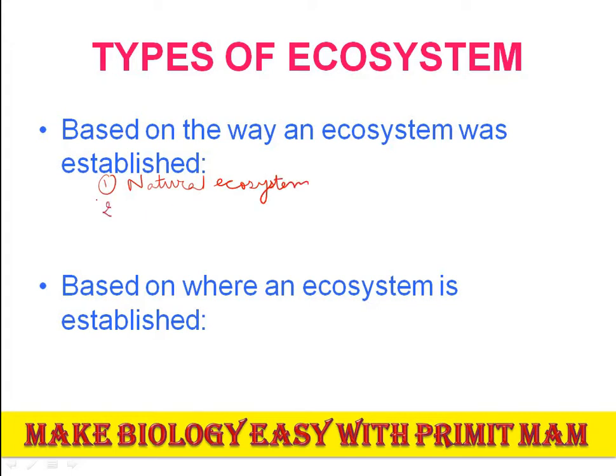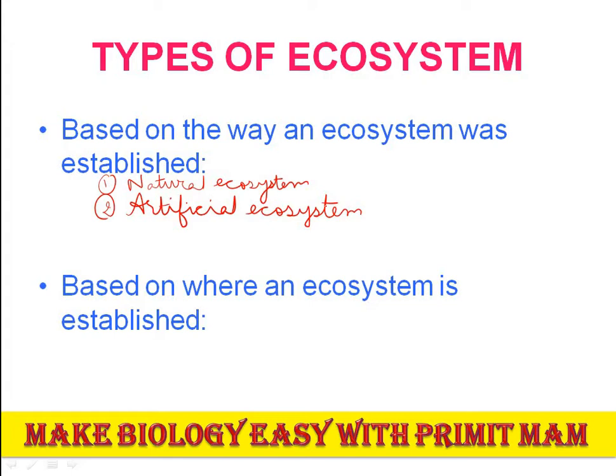And the second type is artificial ecosystem. Whether the ecosystem is established on its own, that is naturally, or human beings establish that ecosystem. So we will talk about natural and artificial ecosystem.